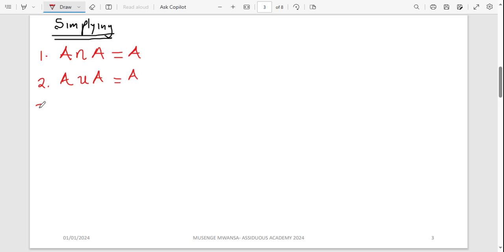Okay, very important. Now, if you take a set, you intersect it with something that is empty. That is the symbol for an empty set. Now, intersection means something common. Is there anything common between nothing and something? Nothing, isn't it? So if you intersect something with nothing, there's going to be nothing, because what you want is to see what is in both sets.